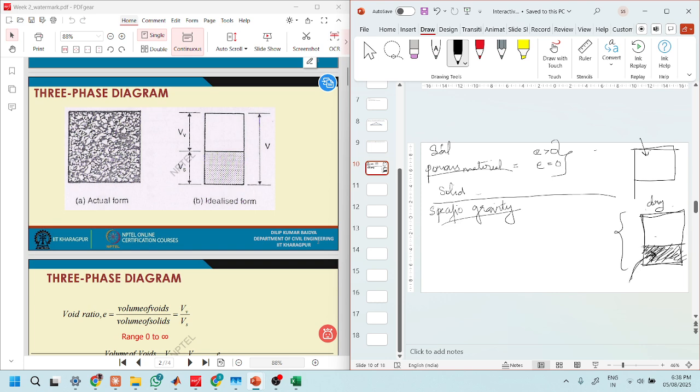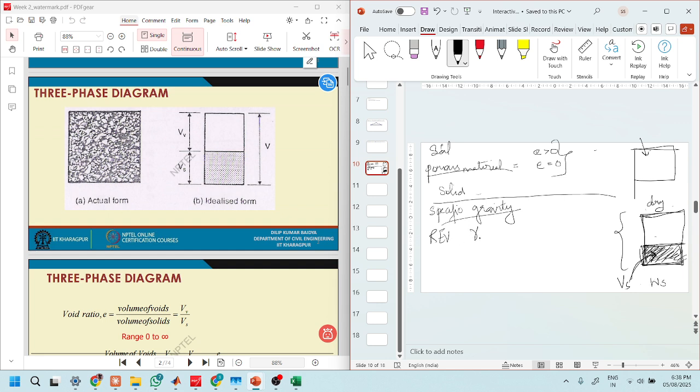In a representative element volume, if you take the unit volume, you take the volume of solids and the weight of solids, only the space occupied by the solids.